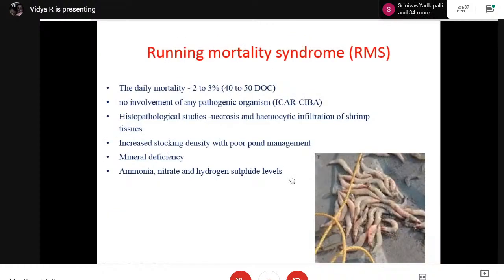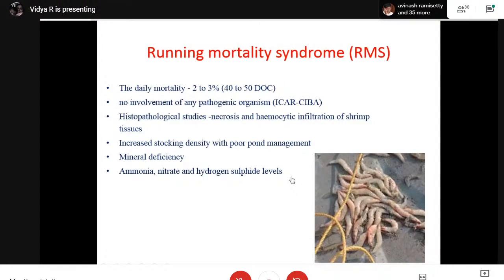Another one, most common in Indian shrimp farms, is running mortality syndrome, otherwise called RMS. It causes daily mortality of 2 to 3%. We can observe it from 40 to 80 DOC. But in our study, there was no involvement of any pathogenic organisms.